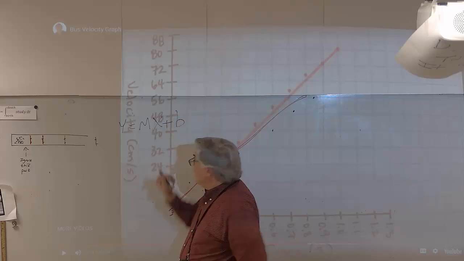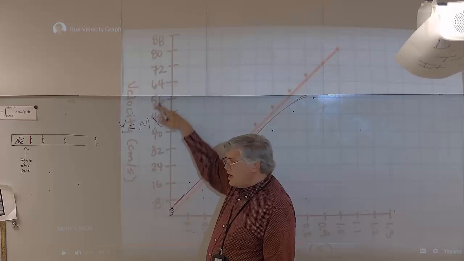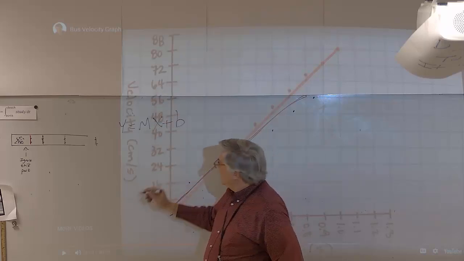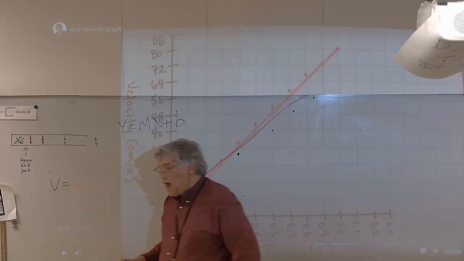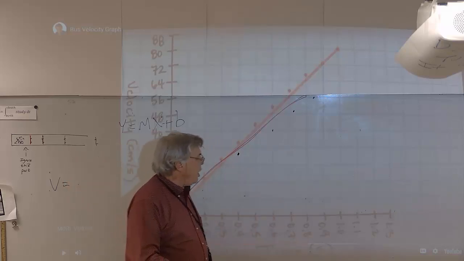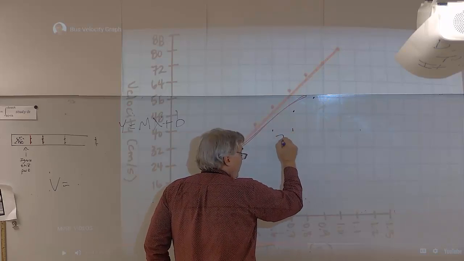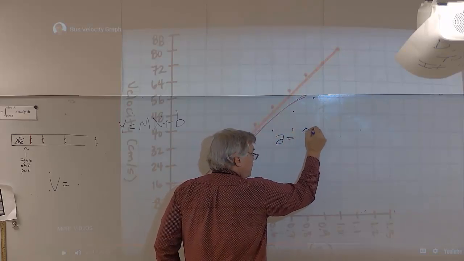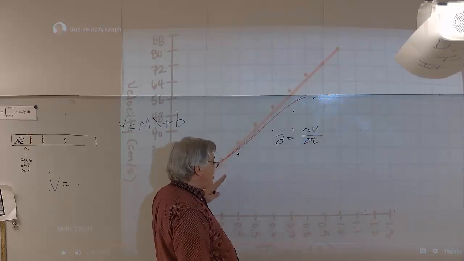But these aren't our variables. What is the y-axis again here? Velocity. So let's call that v equals. All right, m, that's the slope, but we know that acceleration is equal to the change in velocity over the change in time, and this is change in velocity over change in time.